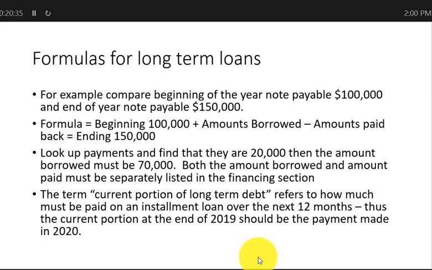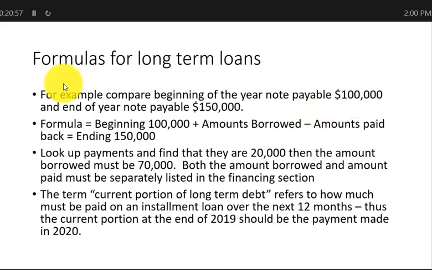Now, you could have a little bit of a challenge with long-term liabilities, long-term loans, where you may be borrowing from one bank and paying another bank or something like that. You may have new loans. You may have payments on those loans. So it can go either direction.